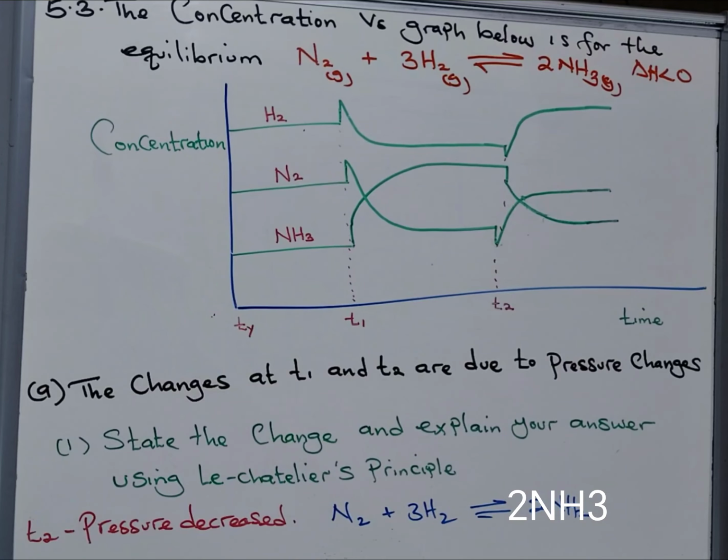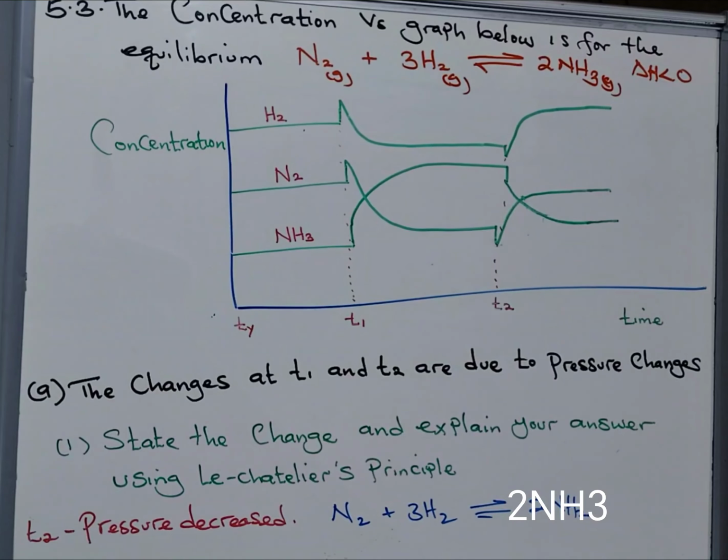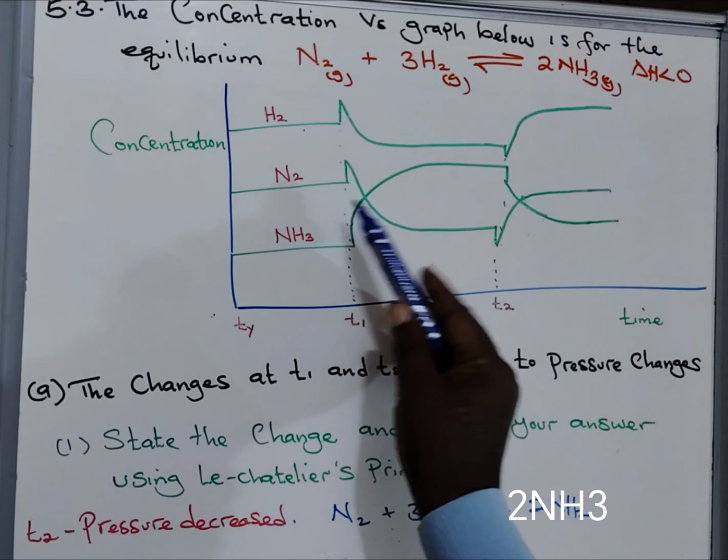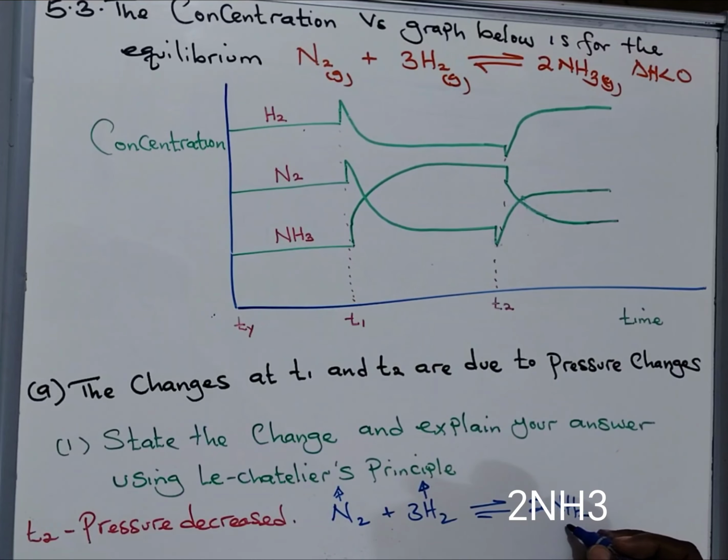And let us see what change took place there. When you look at hydrogen, it increased. And when you look at nitrogen, it increased. And ammonia decreased. So what direction is this one?